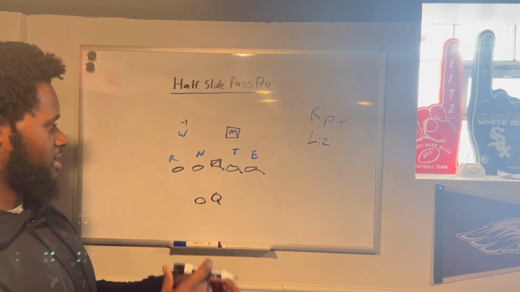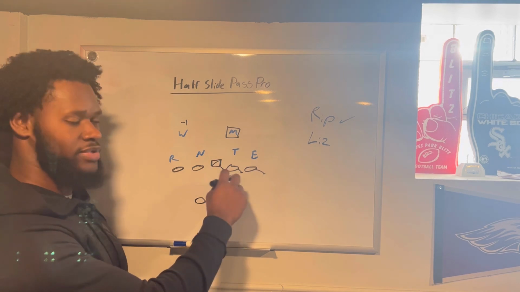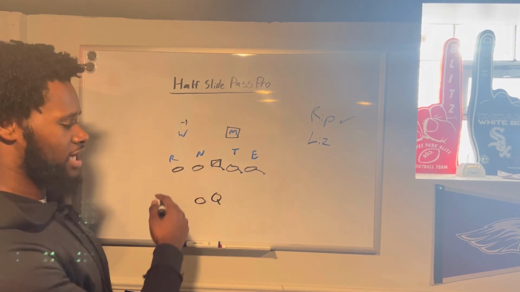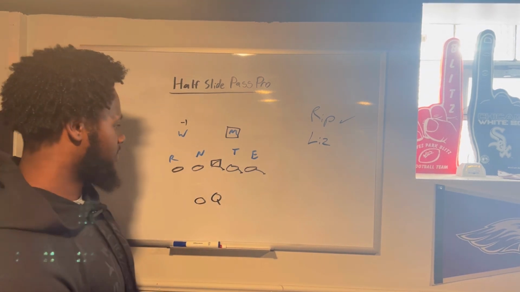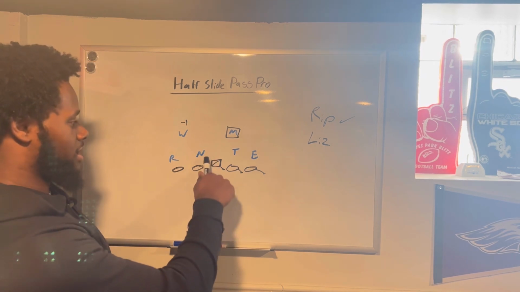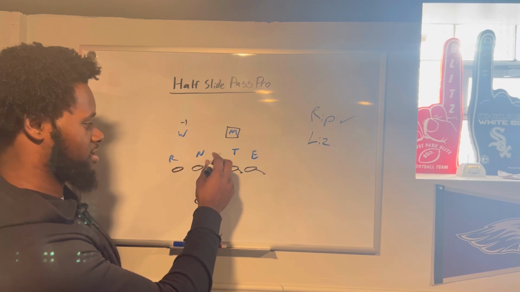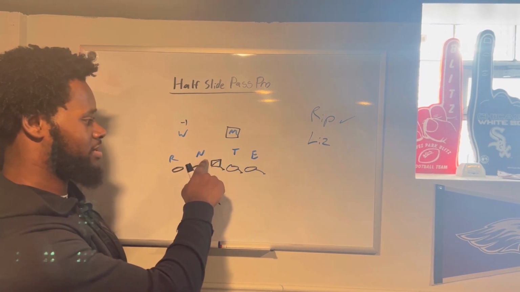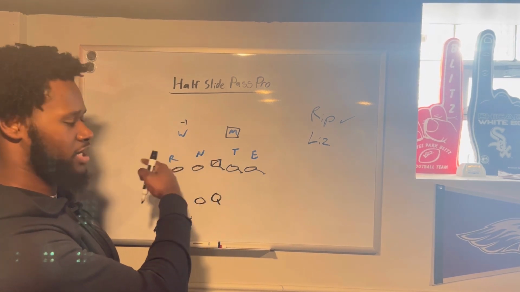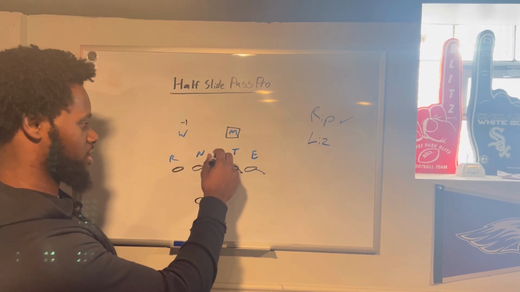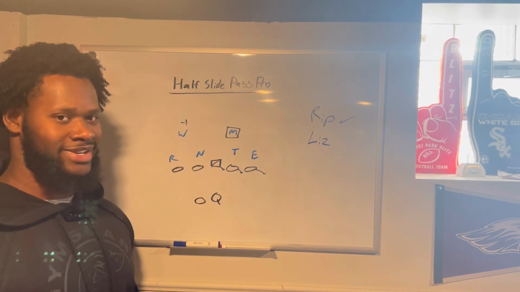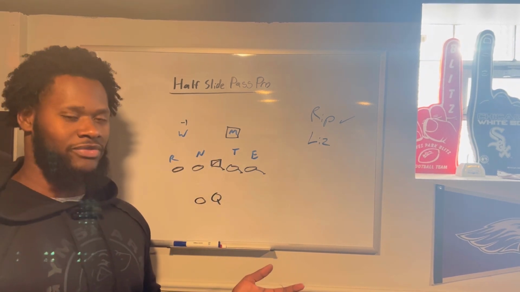So I already said that half of your line is sliding, half of your line is going to be manned up. So for this example, the backside guard, his rule is always going to be he has the number one defensive lineman, 0 and beyond. So if this nose was in a 0, he would have to go down there and get there. I'll go over that more when we draw up an odd front.